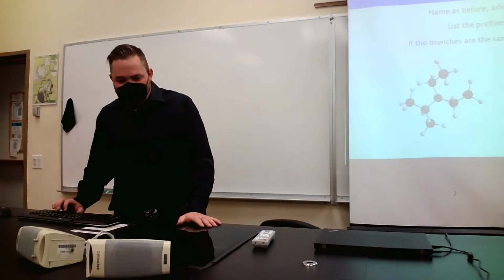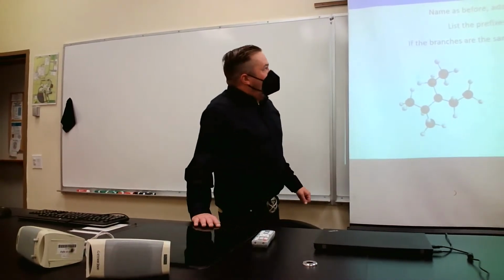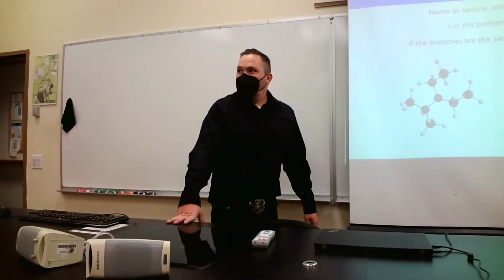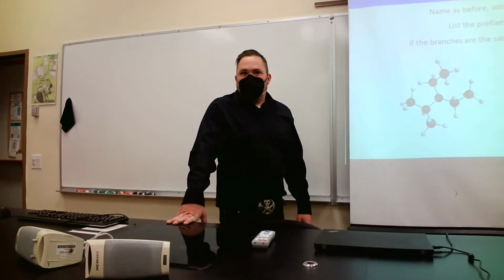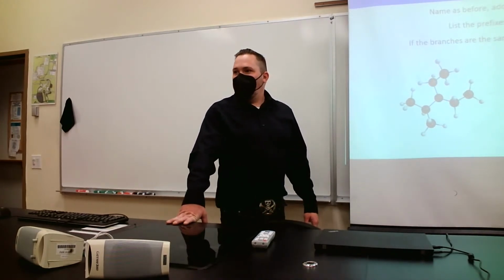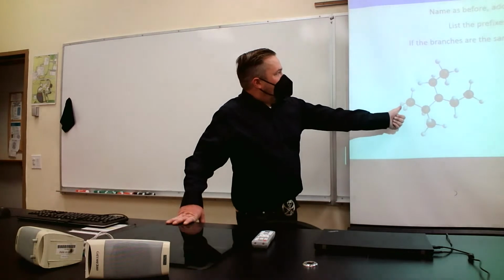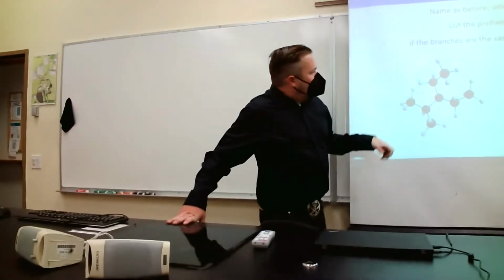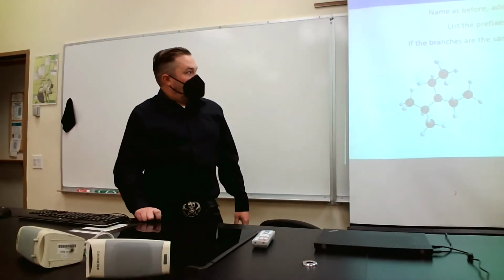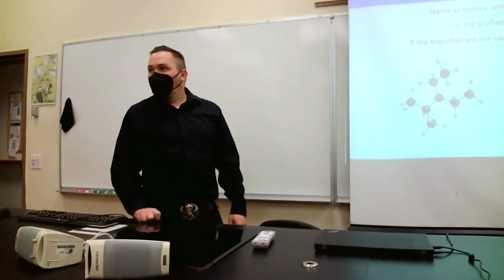All right, if we have multiple branches, our rules don't change. We just add multiple prefixes. In this case, our longest continuous carbon chain, no matter which way you cut it, is still 5.